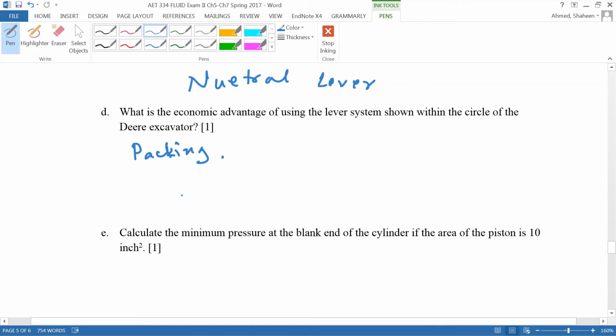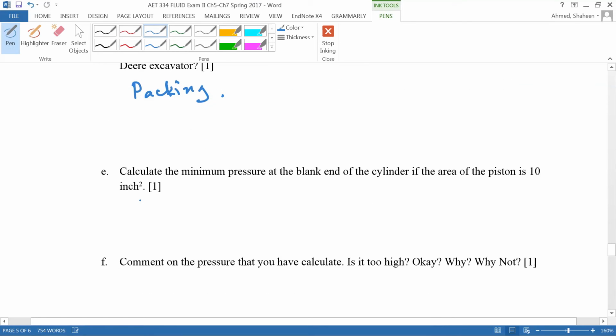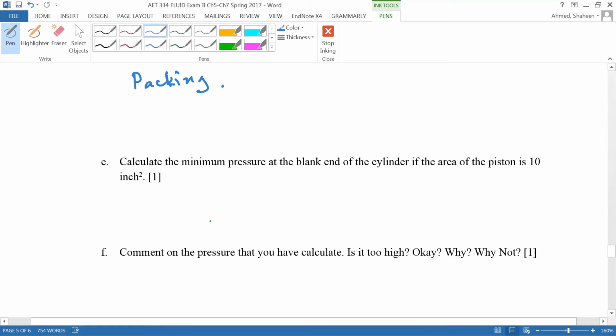If you have a strong enough hydraulic system, you really don't need it. If you have a weak hydraulic system, you probably can use some mechanical lever advantage. But if you don't have any other information, you could just simply say it's the packaging. But if the system has to develop more load, which is not possible, then you can use some other type, maybe a second class lever, to get the mechanical advantage. Now let's calculate the pressure, and then we'll go back to this question later.